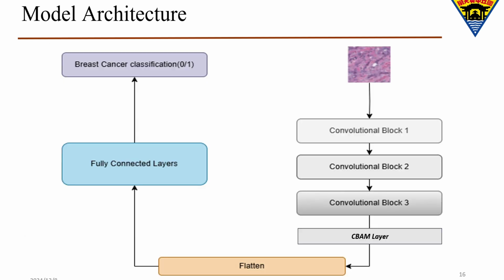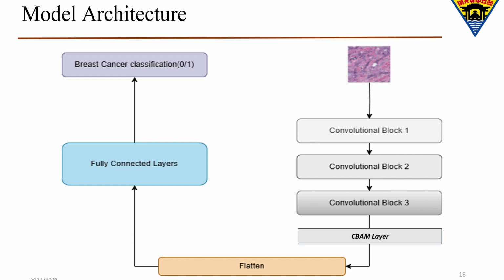Here's our model architecture. On the right hand side we can see our convolution layers. We have 3 convolution layers to make sure we extract enough features. But even so, we still add an extra 4th layer.